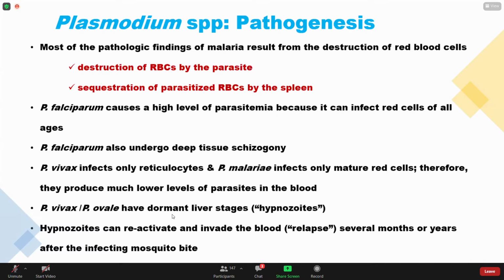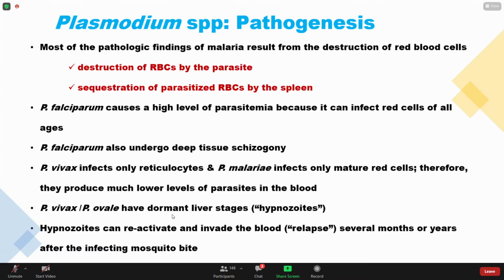Because they are microaerophils, schizogony tends to occur at the deeper level. So in deep tissue, you have schizogony taking place. Now, like I told you, once the red cells are invaded by the parasite, they become relatively more sticky.